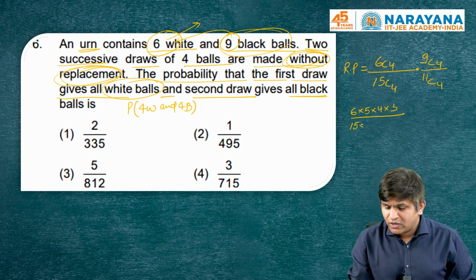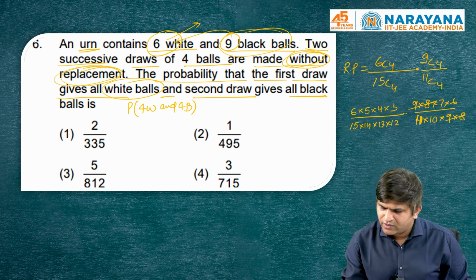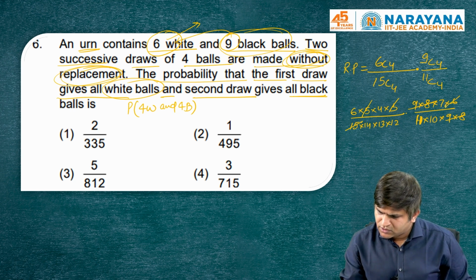So 15 into 14 into 13 into 12, then 9 into 8 into 7 into 6, over 11 into 10 into 9 into 8. So 9 8 9 8 we can cancel. This is 11, and this 15 we can cancel, and this 6.